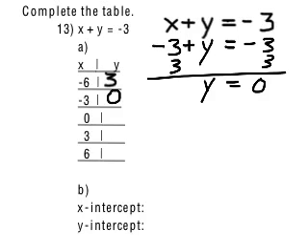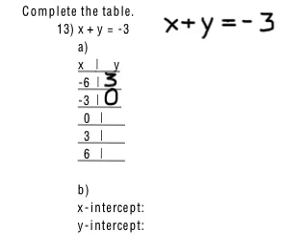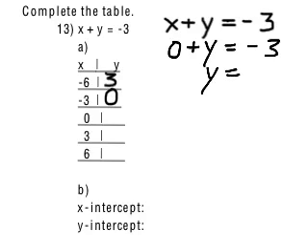Y is 0, it's our x-intercept. Just to keep that in mind. Okay, now we'll substitute in 0. 0 plus y equals negative 3. And so we can see automatically our y is negative 3. That's our y-intercept, right? Where x is 0, it's our y-intercept.